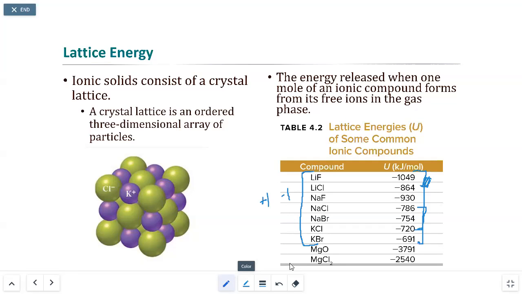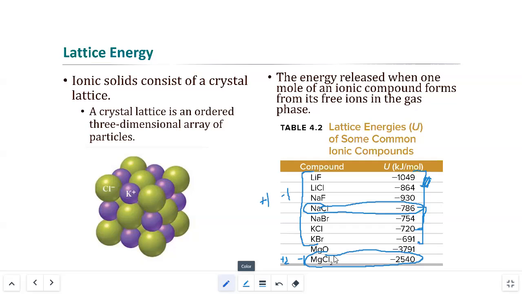But when I compare, so let's just do a quick comparison here. Magnesium chloride versus sodium chloride. Big difference there, right?